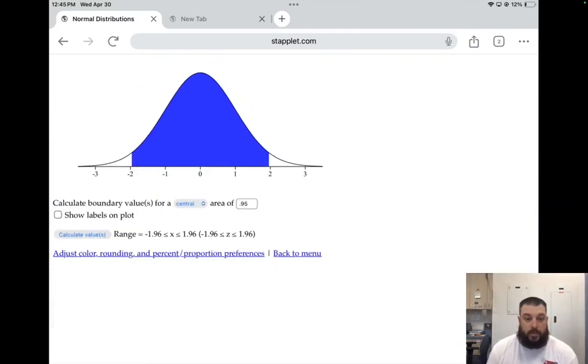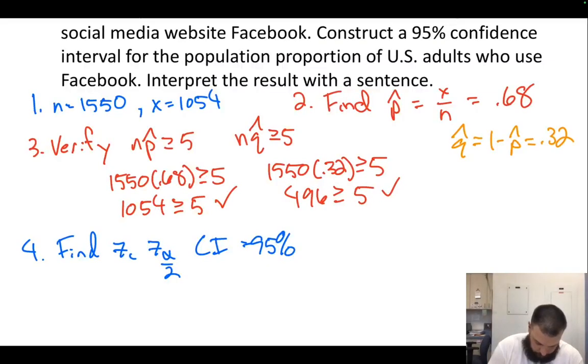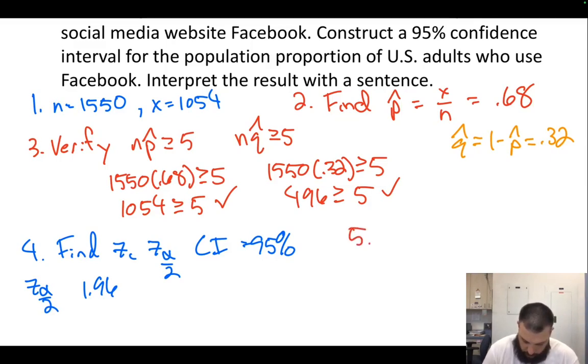And that gives us 1.96. And then step 5, we want to find E, which comes from our equation.